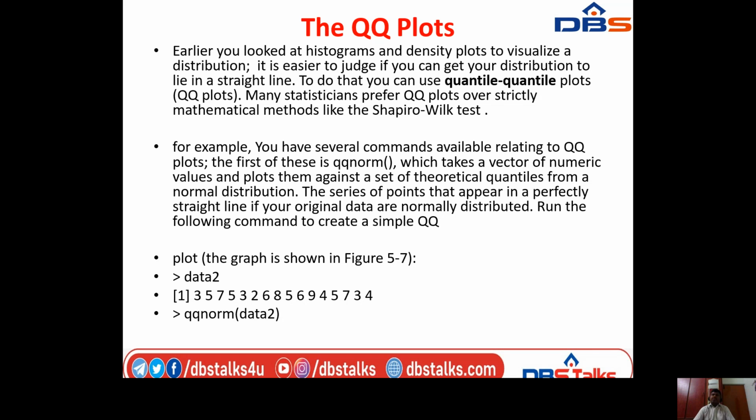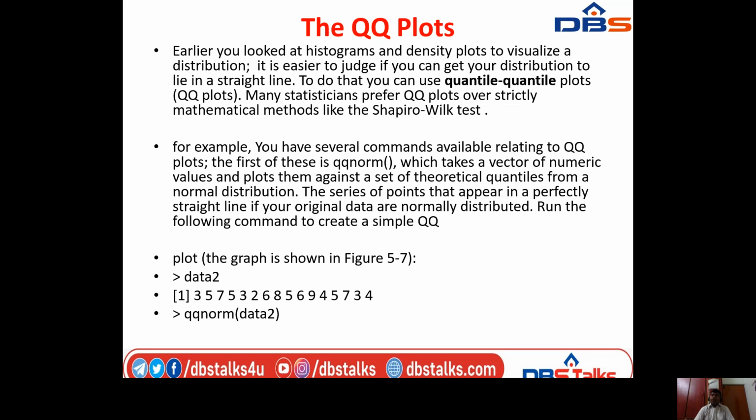For that purpose, we are using the quantile plots. Many statisticians prefer QQ plots over strictly mathematical methods like the Shapiro-Wilk test we discussed in the last slide. You have several commands available related to QQ plots.